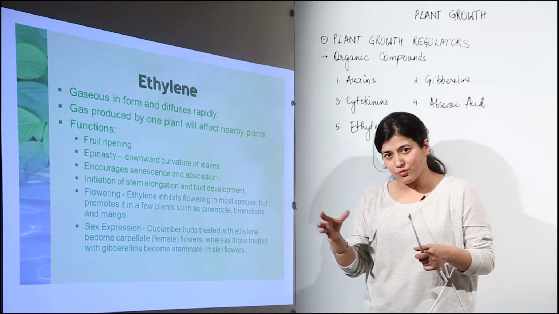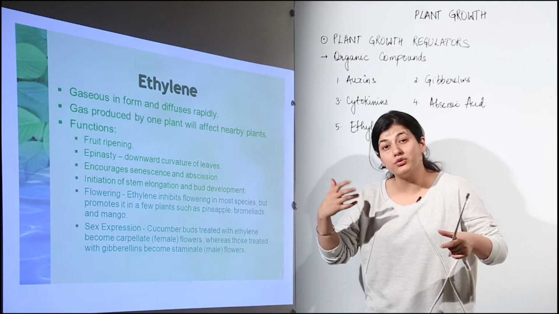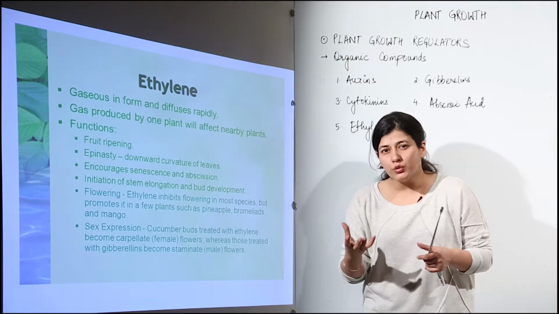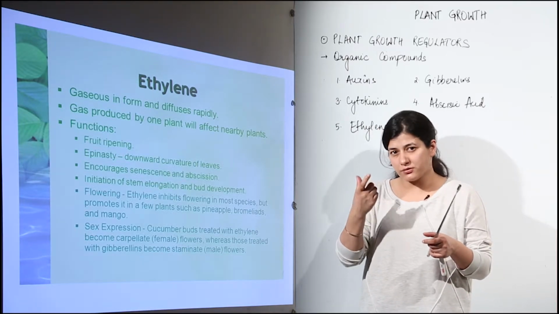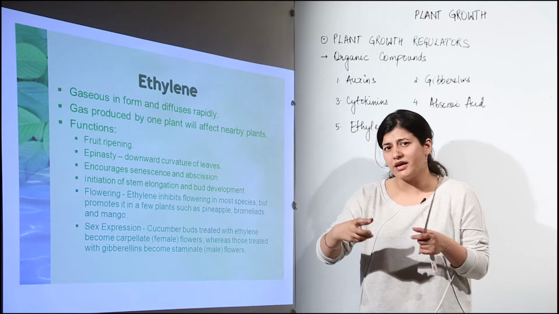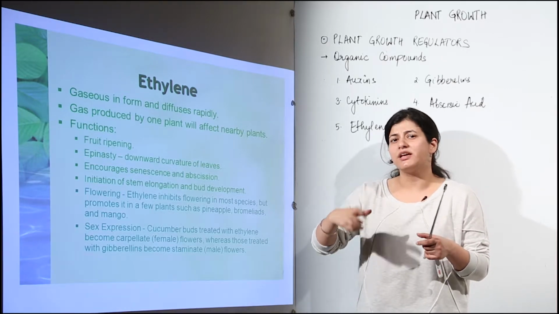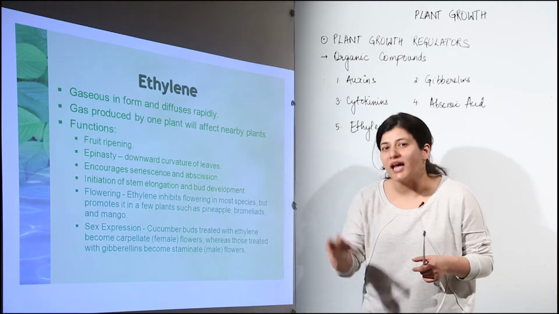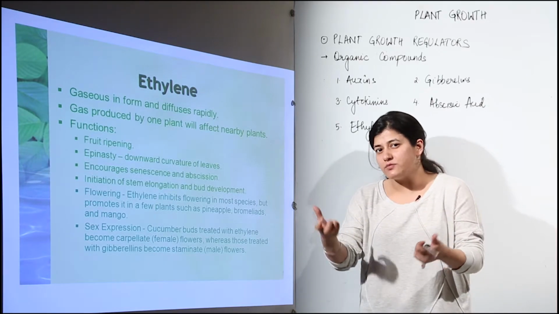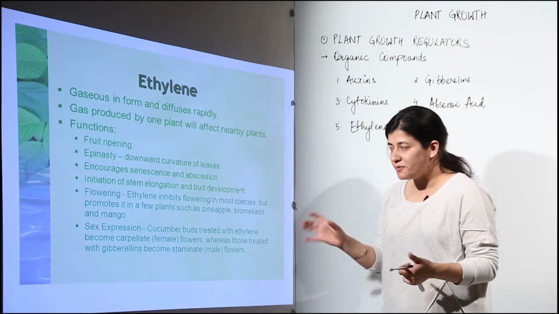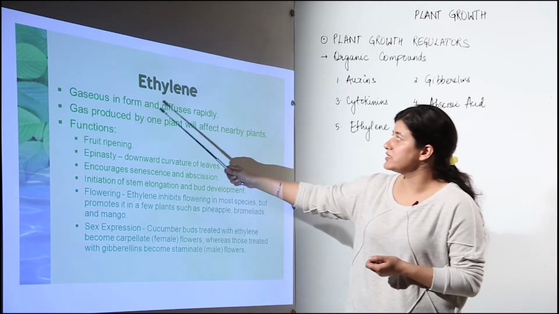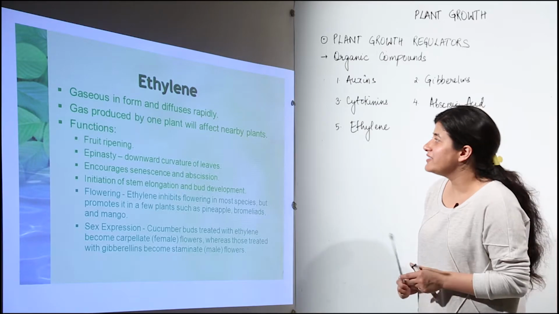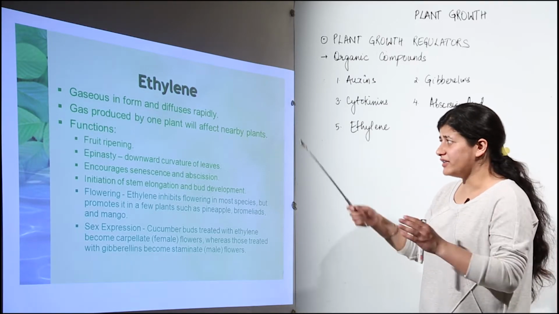Ethylene being a gaseous hormone, it would diffuse into other apples and they would also start rotting, they would get ripened up. Or suppose you have some raw fruit with you, it is advised that you put a completely ripened banana inside that fruit so that it gets ripened easily, because that ripened fruit releases ethylene. Ethylene is gaseous, it would be absorbed by the other fruits and they would ripen as well. So it is gaseous in form and diffuses rapidly, and it would affect the other plants.